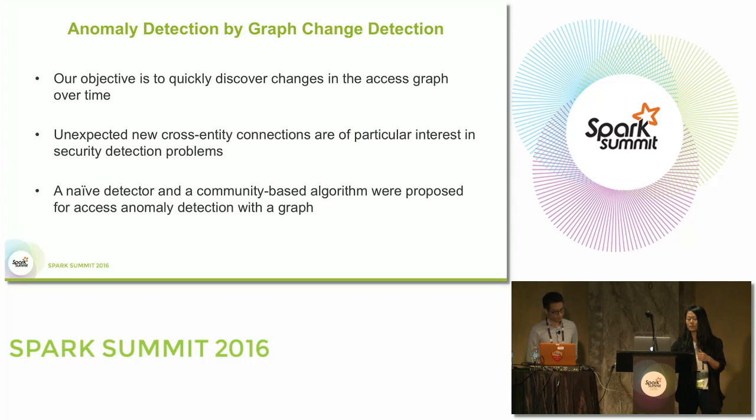So given this representation, our goal is to detect changes on such a graph. And these changes, if they are cross-entity and unexpected connections, are particularly of interest for security reasons.